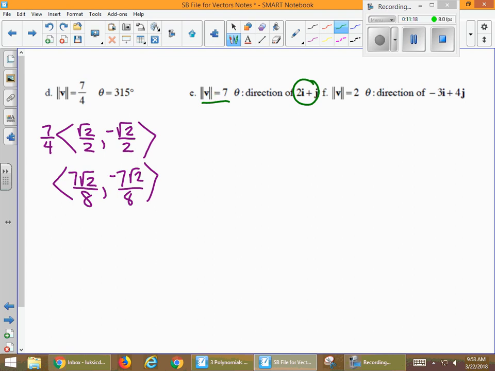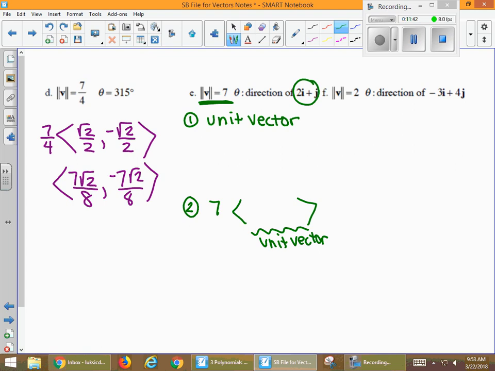So the first thing we're going to do is find the unit vector. And then you'll multiply it by 7. So your new magnitude times your unit vector. Trying to put all the math you learned today all together. So let's see if we can squeeze this one into the period. So the way that we find the unit vector is we do 1 over our magnitude times our original vector.